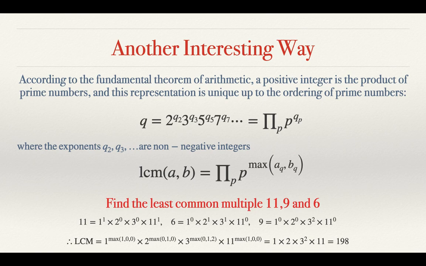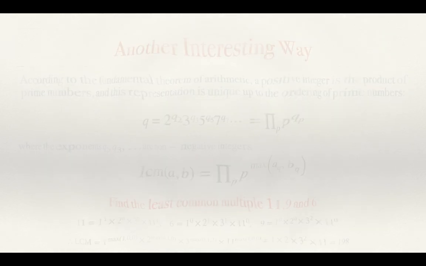The max here means the max of 1, 0, 0, which is the maximum of these three, so it's obviously 1. By similarly doing this for 2, 3 and 11, we get the same result as 198. This way is very easy than listing the multiples, as we can save a lot of time in the Olympiads.